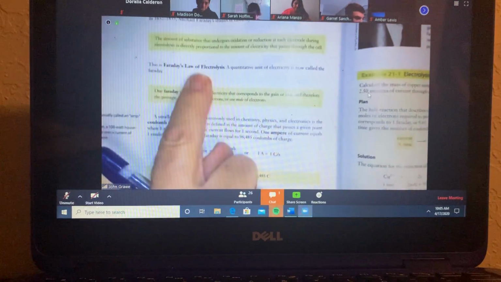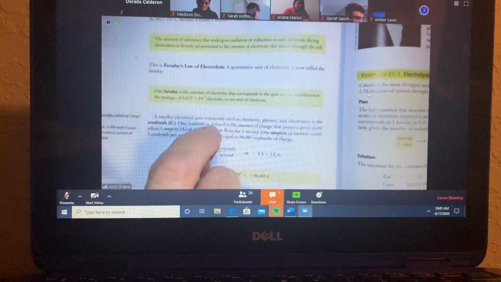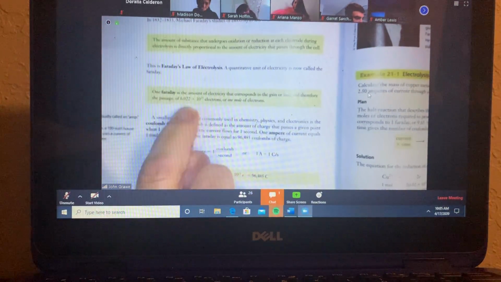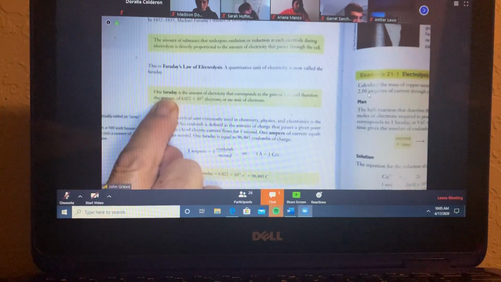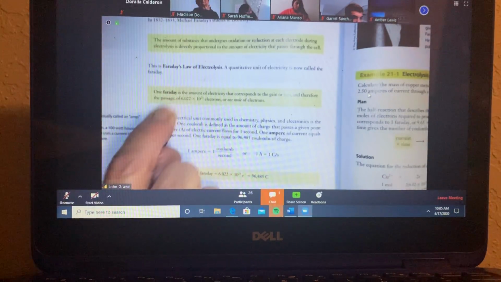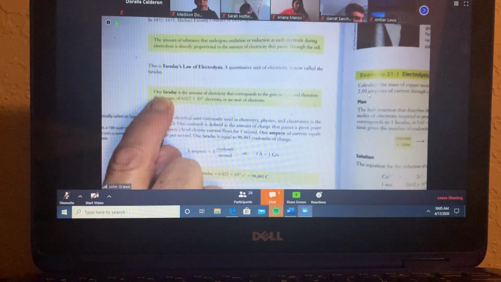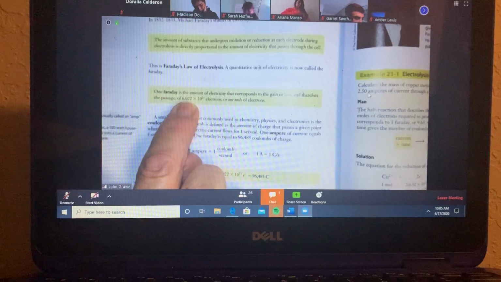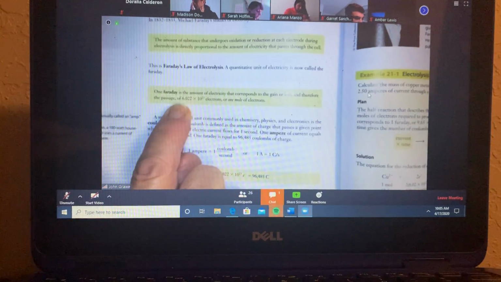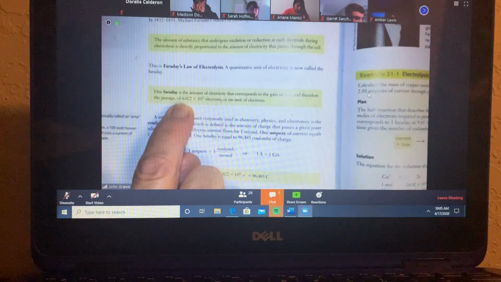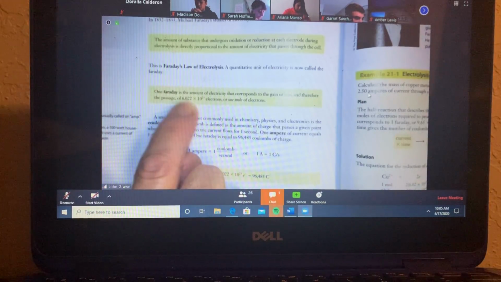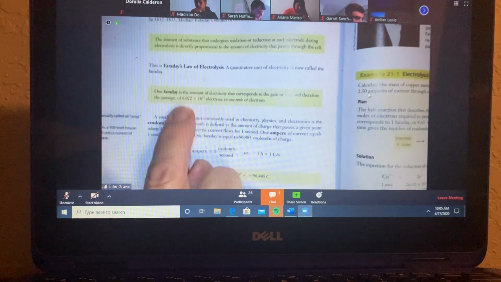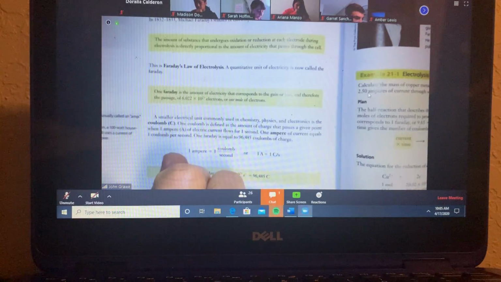So this is a law of electrolysis, and the first thing we want to highlight is that this is really a current. It's called a Faraday, and it's when 1 mole of electrons passes through a circuit. Avogadro's number, 1 mole of electrons.